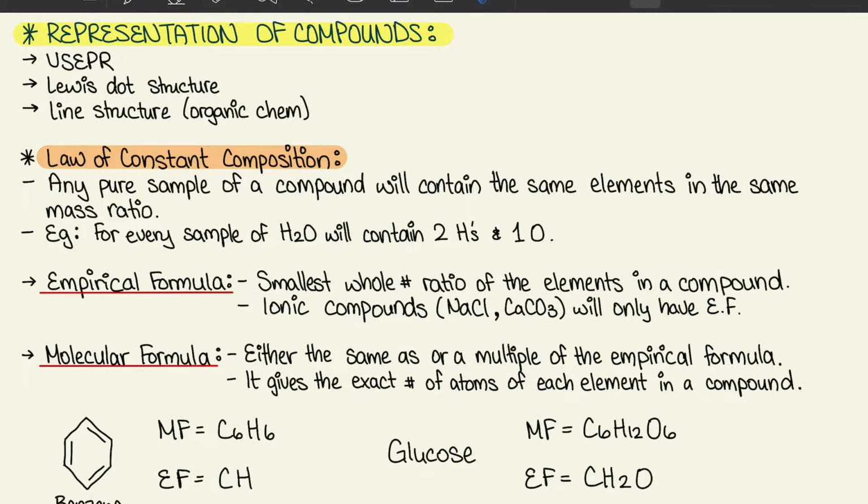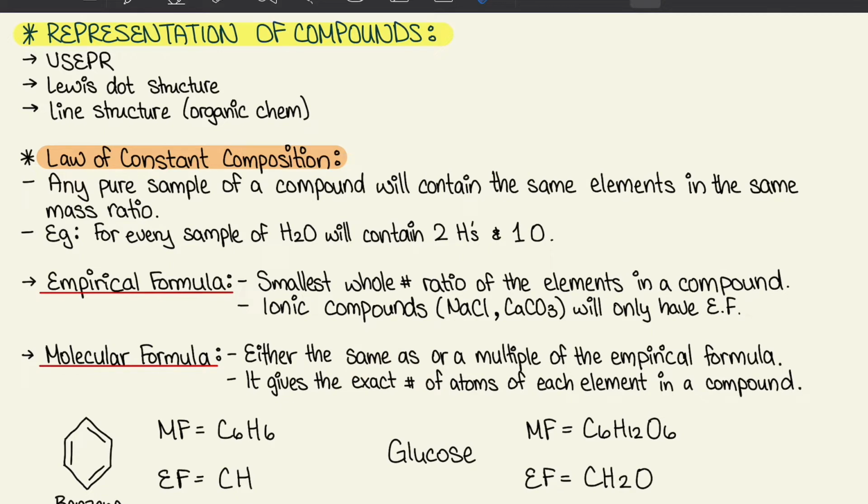So ionic compounds like NaCl, CaCO3 will only have an EF. Whereas the molecular formula is either the same as or a multiple of the empirical formula. It gives the exact number of atoms of each element in a compound.